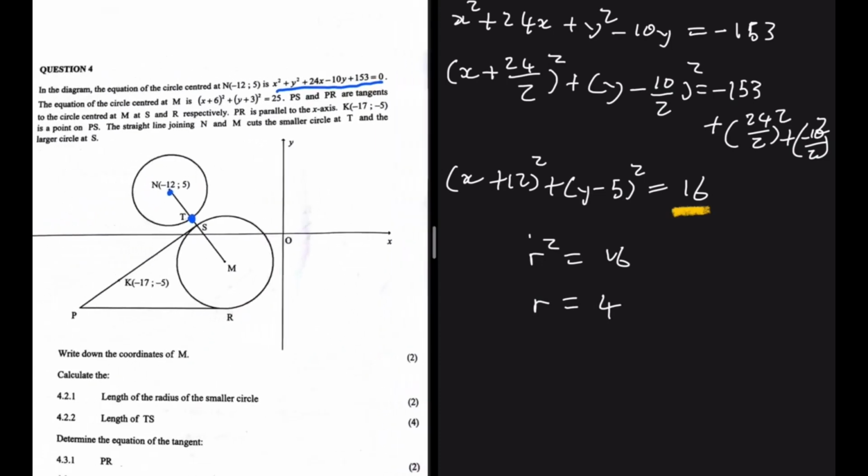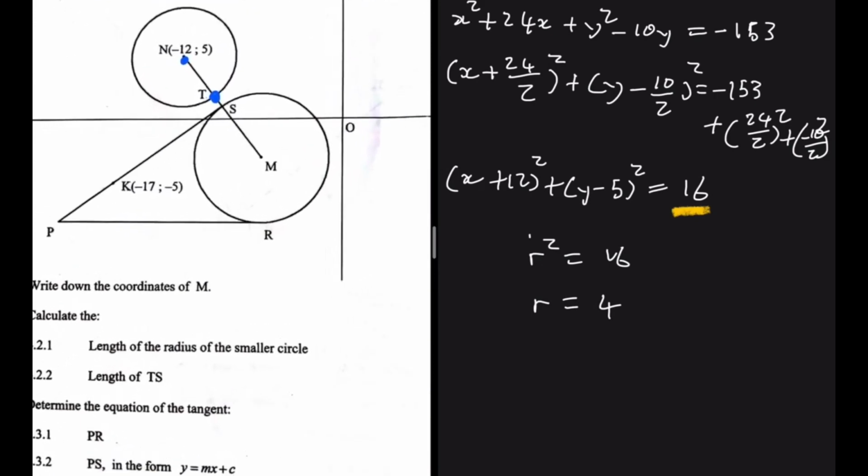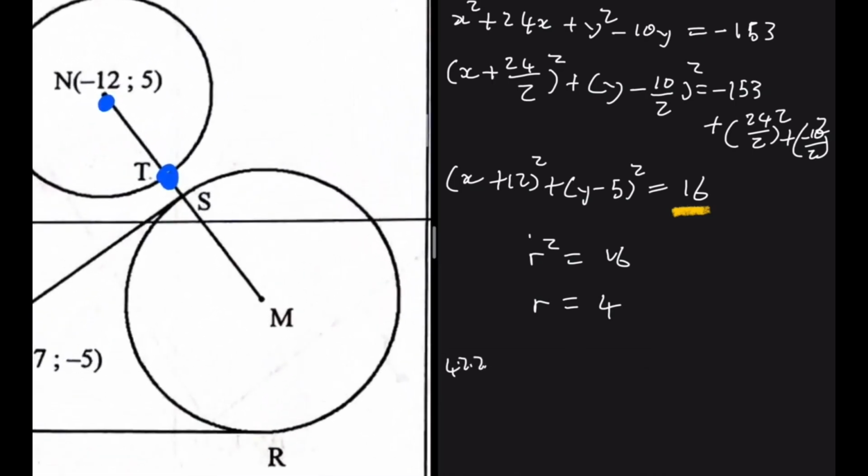Let's move to the following question, 4.2.2. We're looking for the length of TS. Let's do some analysis so that we can see what is happening. TS is this distance here between the two circles, right?